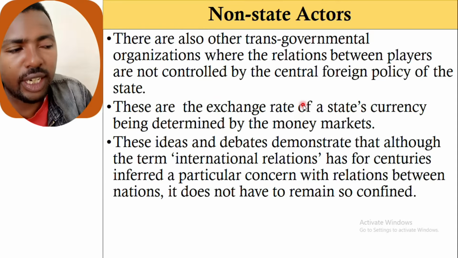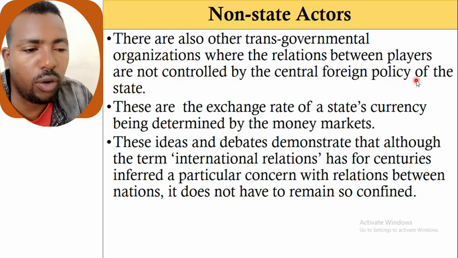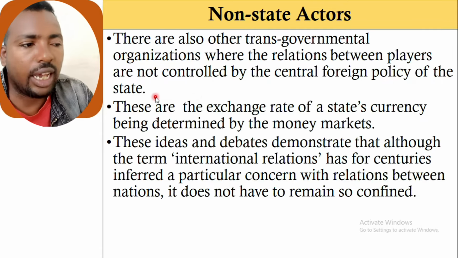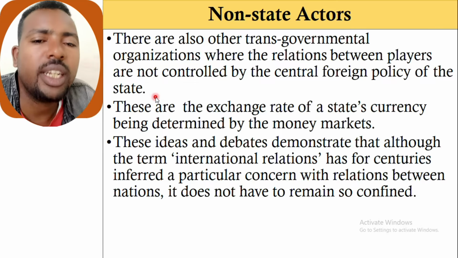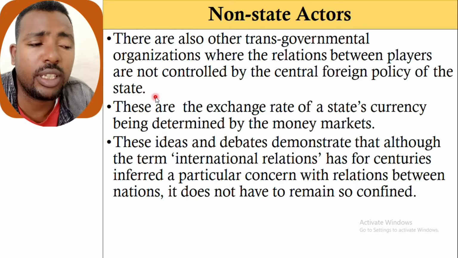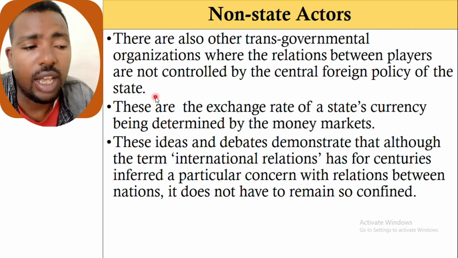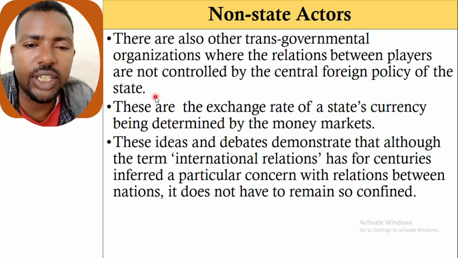There are also other transnational, transgovernmental organizations where the relation between players is not controlled by the central foreign policy of the state. Transgovernmental organizations like the EU, African Union, the Organization of American States, Arab League, and so forth. These transgovernmental organizations are also main acting bodies, main actors in international relations.